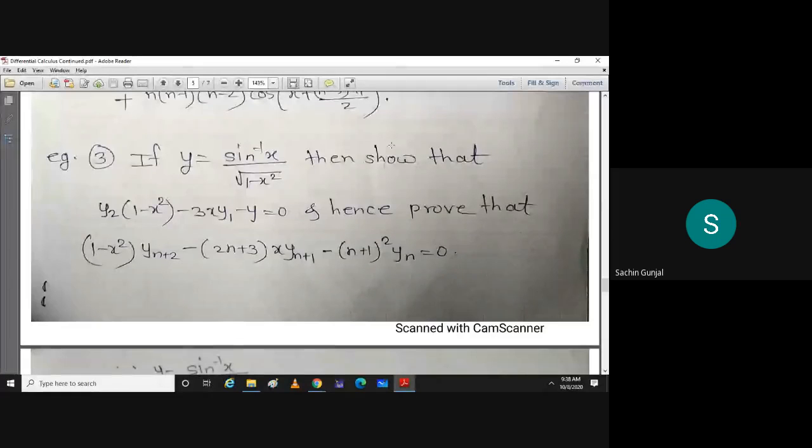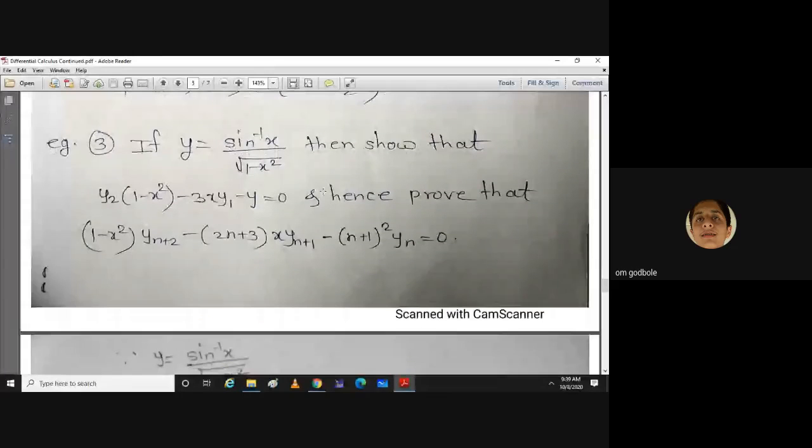So let us go to this third example. y is equal to sine inverse x upon root of 1 minus x square. What do you expect? What should we do? How to proceed further? Anybody? So you can put x is equal to sine theta.